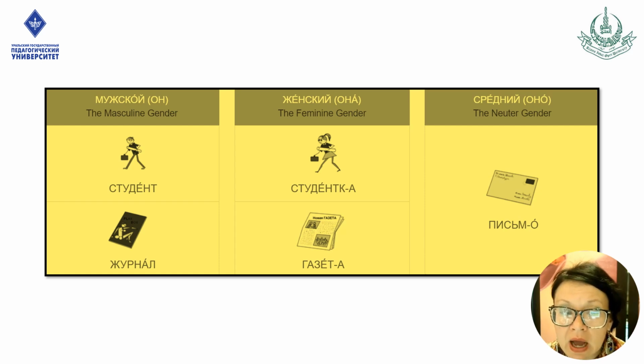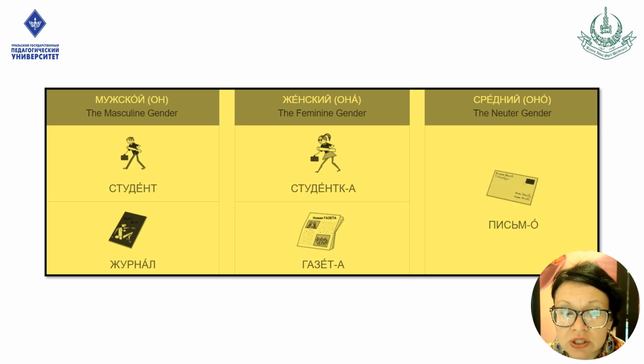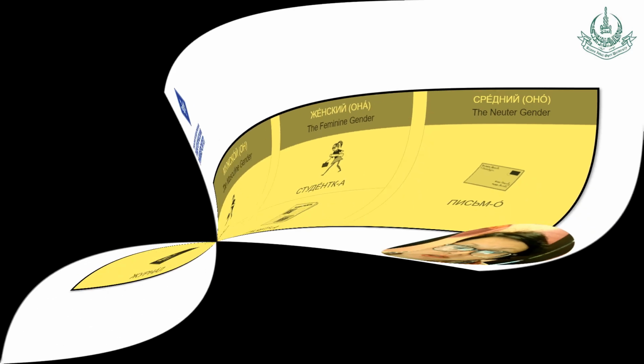Женский род, она, the feminine gender. Студентка, газета. You see that the ending of these words is the letter a, and this is also a typical feature of feminine gender nouns in Russian. Please remember this rule: usually all nouns which end in a are feminine gender.